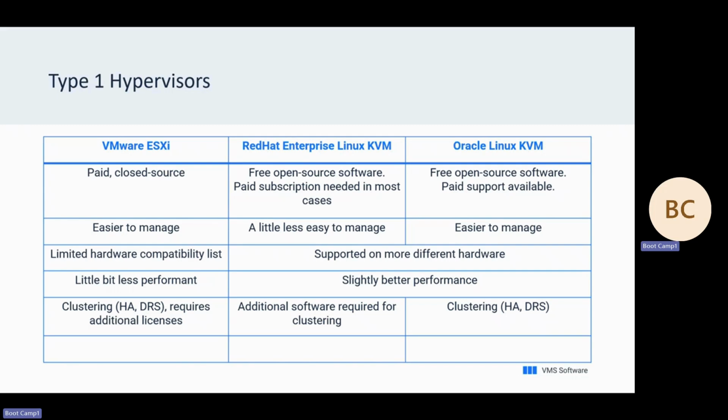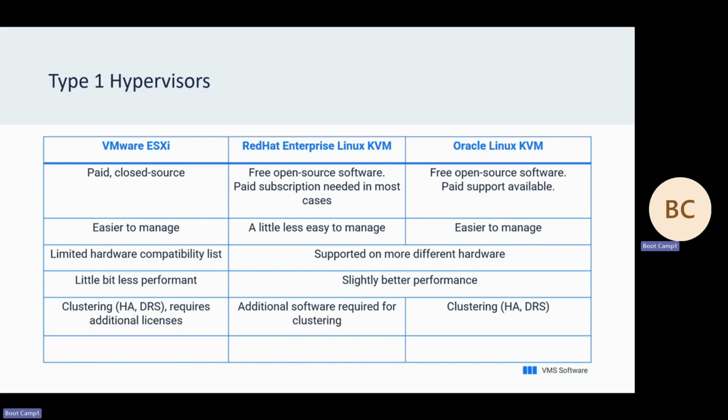So when it comes to manageability of these systems, VMware ESXi is pretty easy to manage once you figure out all the bells and whistles in the GUI. Red Hat KVM is a little more difficult to manage.